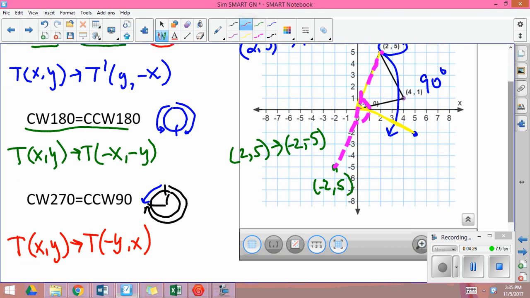Let's take the last point, 2, 5. Let's rotate it counterclockwise 90, clockwise 270. It says take my x and my y, put my y first with the opposite sign, same sign on the x. So minus 5, 2.